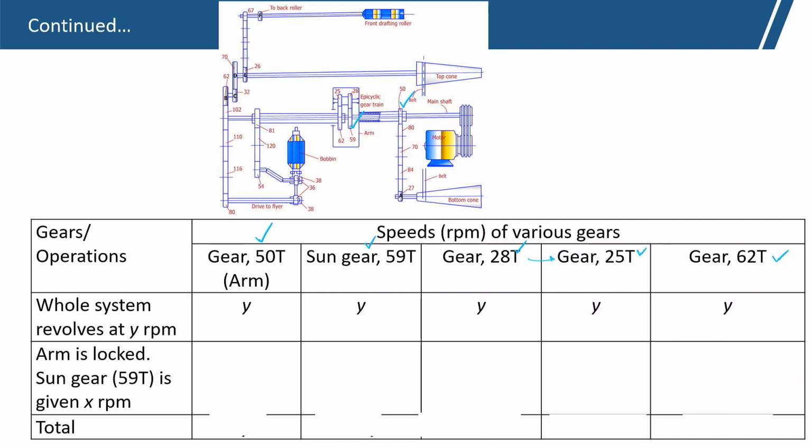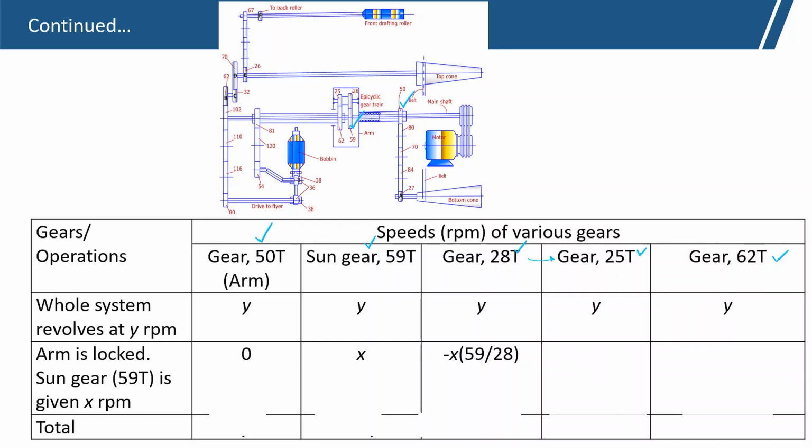Next, the arm is locked. So, we are locking the arm, and only the motion given by the main shaft, that is, the sun, is rotating at x speed. Now, when the sun is rotating at plus x speed, gear 28, that is the planet, will rotate in the other direction, minus x multiplied by 59 by 28, that is the teeth ratio.